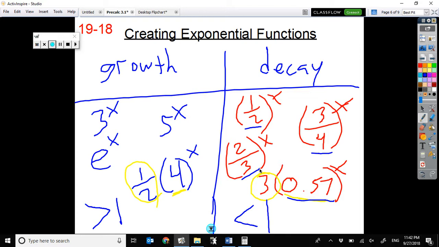Now it's really easy to think, oh, so if it's a fraction, it's decay, if it's a whole number, it's growth. Well, the problem with that is, what if I give you this problem? We'll say 3 over 2 to the x. Well, notice that 3 over 2 is greater than 1, so that's still growth, even though it's a fraction. So it's whether the base is less than 1, it's decay, greater than 1, growth.